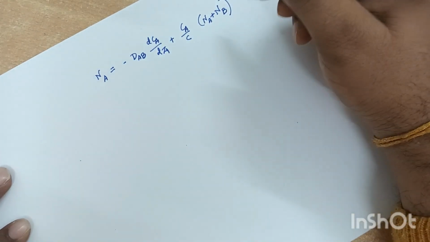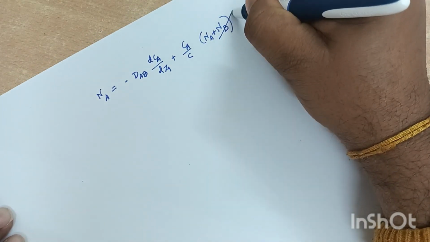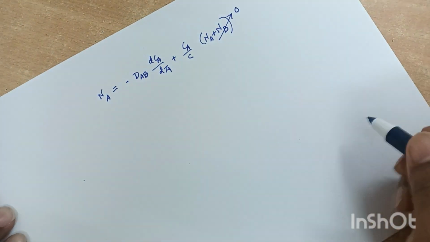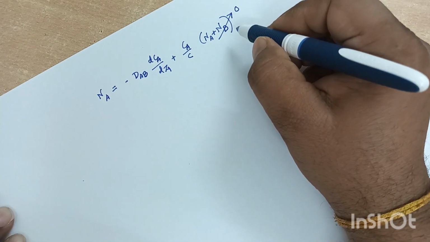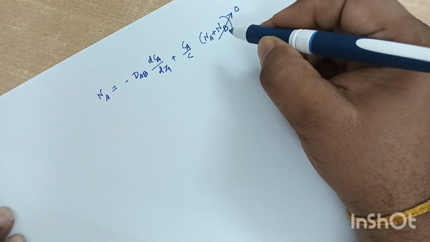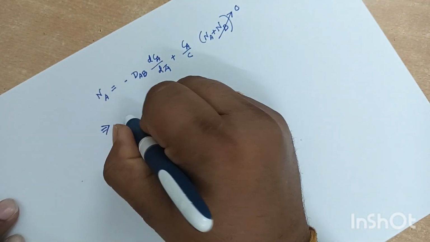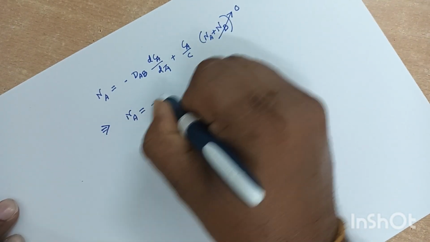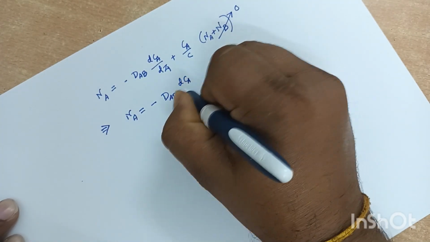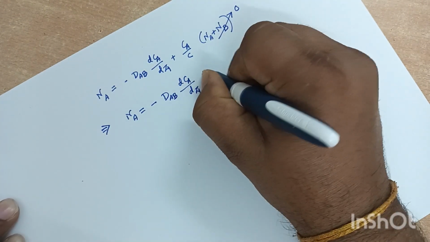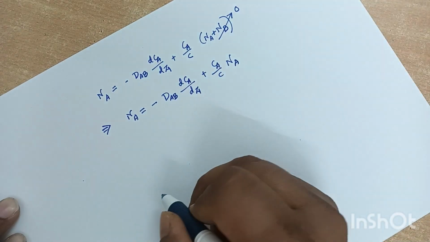Since air is non-diffusing, the term Nb is going to be equal to 0. And air is non-diffusing with respect to the water. Okay. Now the expression becomes Na is equal to minus DAB dCA over dZ plus CA over C Na.